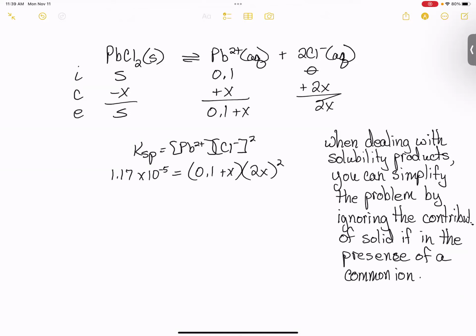The reason you can do this comes back to that equilibrium constant. That equilibrium constant being so small says that the amount that's going to dissociate is really tiny compared to the concentration of the common ion. So that means we can ignore the contribution of the solid in this equation.